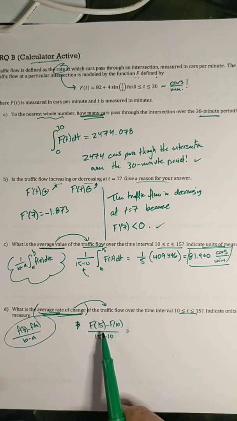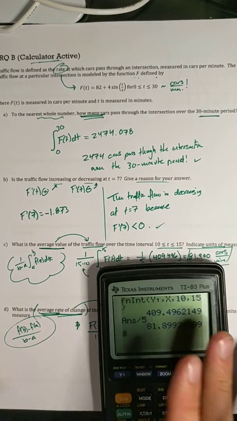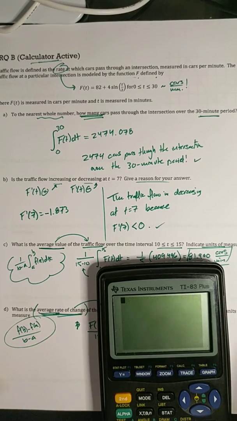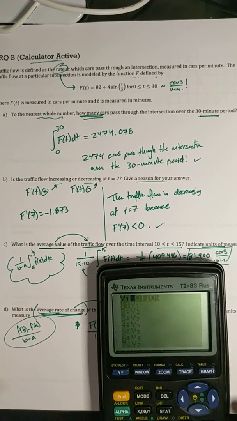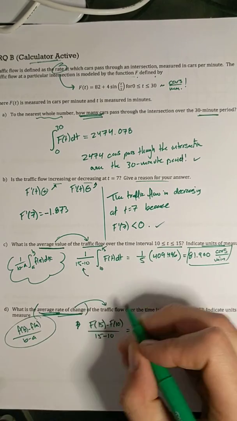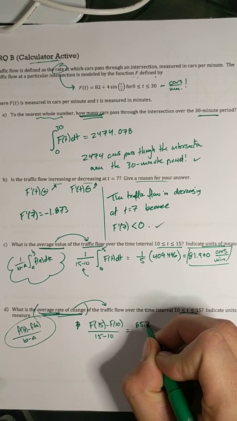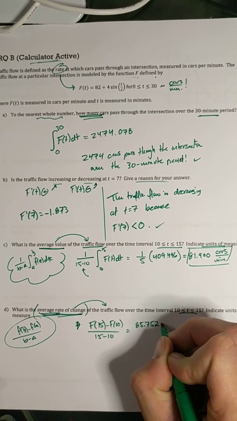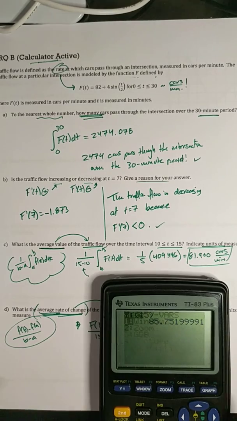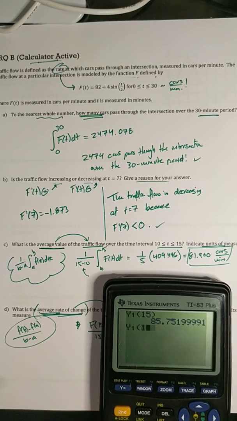I could manually plug this into the function up top, but I'm going to use my calculator. Y-vars, function, 15. This gives me 85.752. That's f of 15.